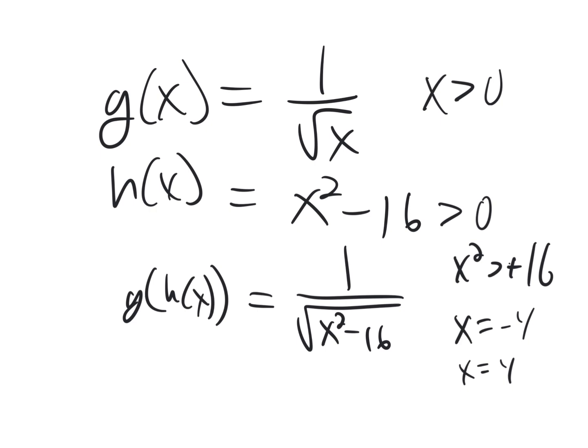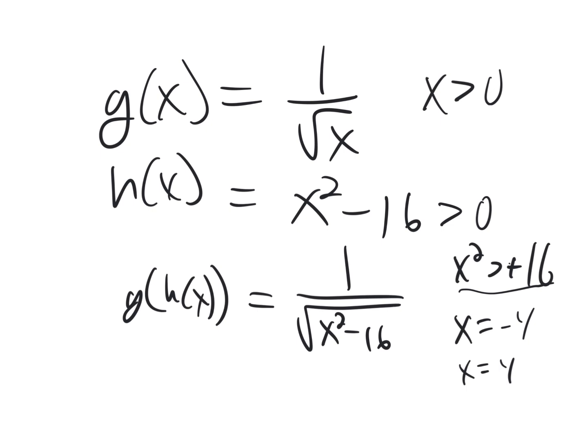So then we get to decide when this thing is going to be greater than 16. Well, we know x can't be in between. Let me just tell you where I think the domain's going, and I'll explain why I think it's that.